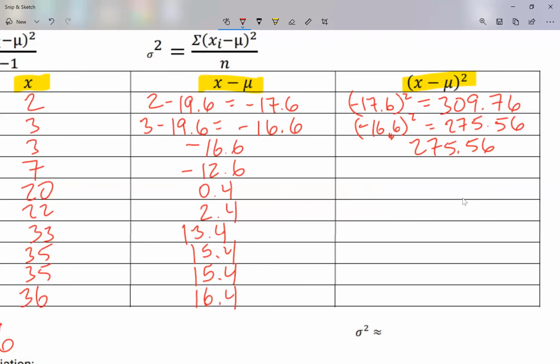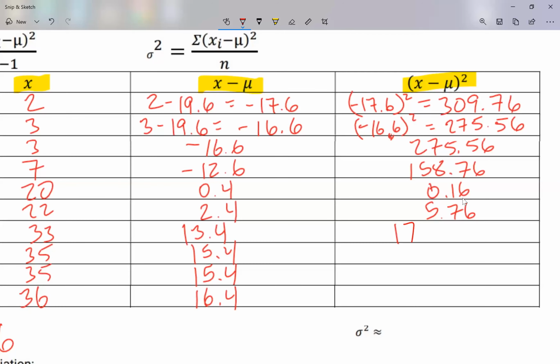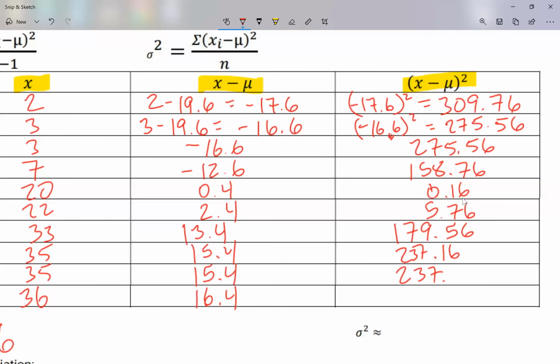And then the rest of my list will be 275.56, 158.76, 0.16, 5.76, 179.56, and I have 237.16, again, 237.16.